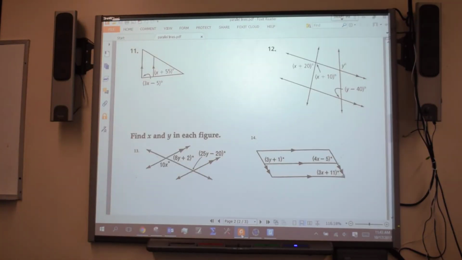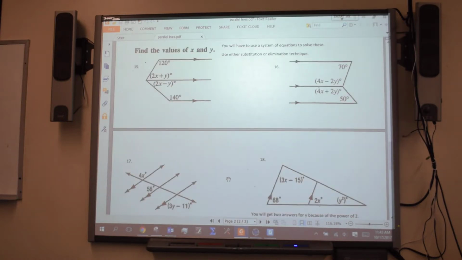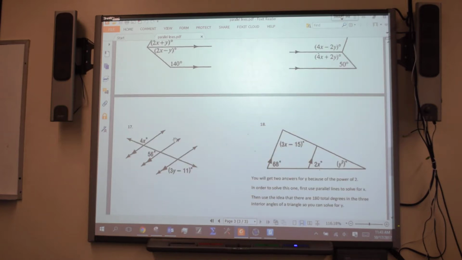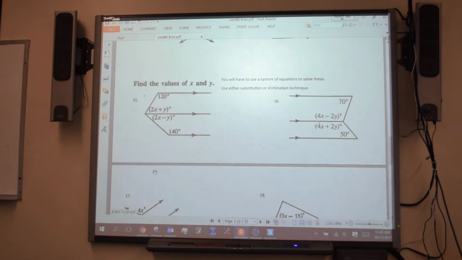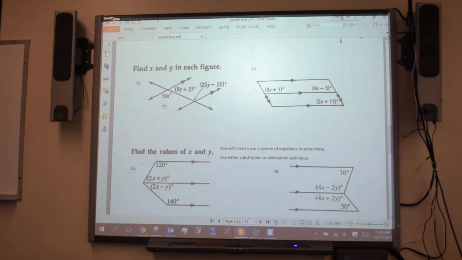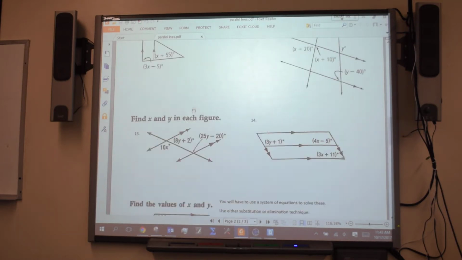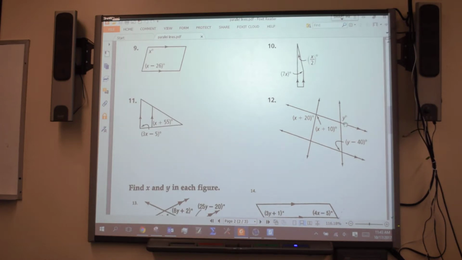All right, before we run out of time, I want to talk about 15, 16, and 18. Hopefully you realize this one here was very similar to what we did in class yesterday, right? Hopefully that was something we could get done. This is similar to what we did in class. So is this one.